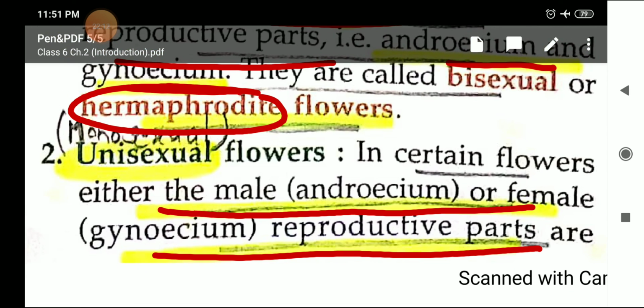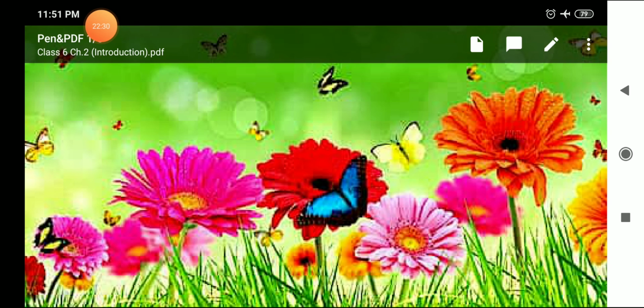Unisexual or monosexual flower, the flower which contains either the male or the female reproductive part, that is either androecium or gynoecium, is known as monosexual or unisexual. I explained to you the main parts of the flower and the different types of flower, that is complete or incomplete flower, bisexual or unisexual flower.